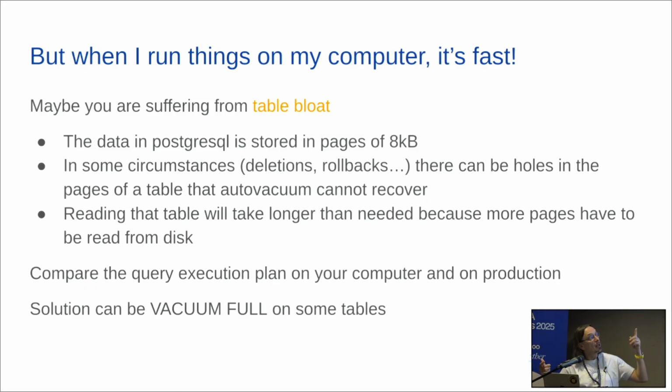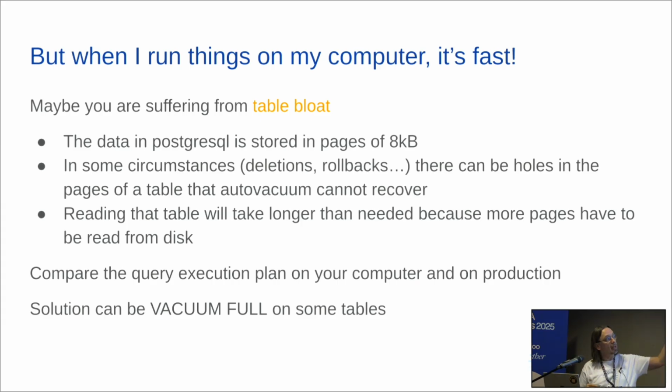Okay, so there's an auto vacuum in recent versions of PostgreSQL, but it's still not enough to recover all the space. If you have lots of concurrent access on your table, if you have lots of deletions, if you have rollbacks, you will get holes, and you will get what's called table bloat, which is lots of pages filled at 20%, 10%, meaning that when you want to select, you have to read 1,000 pages, which could have been stored in 10, maybe.